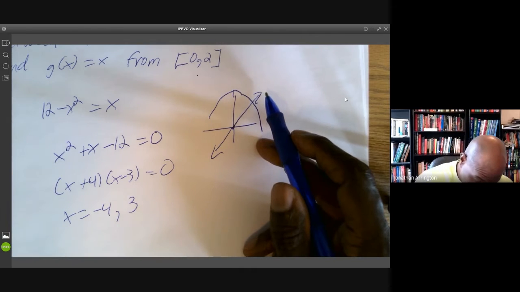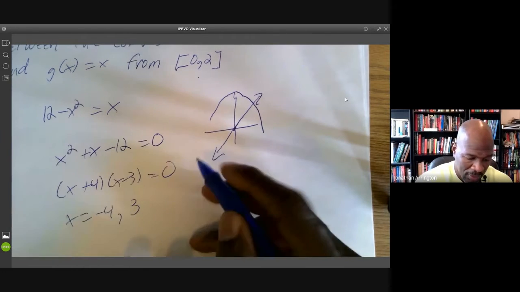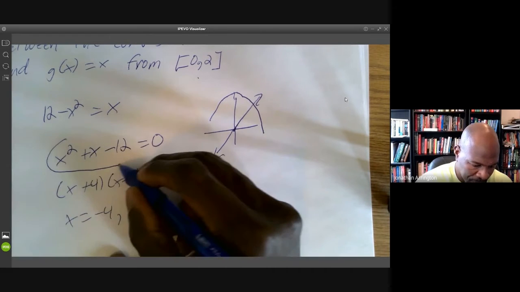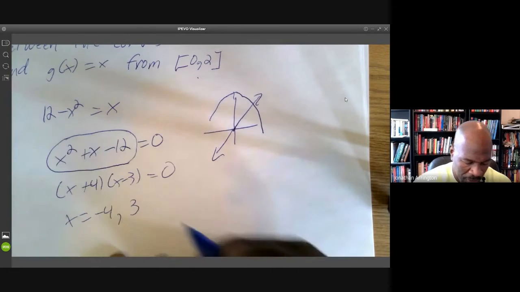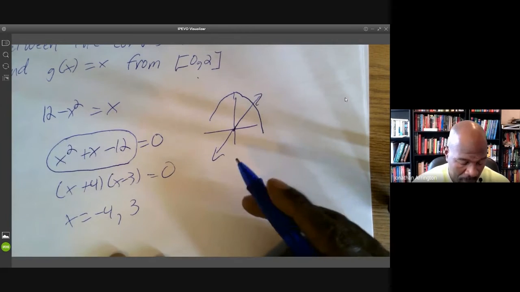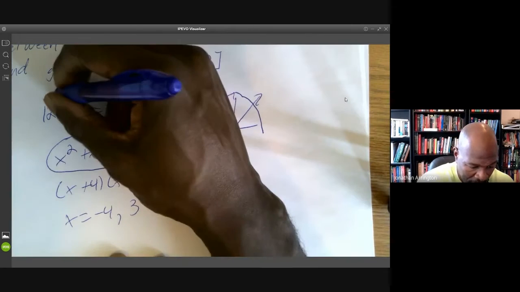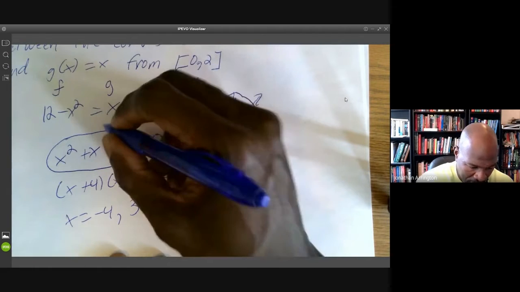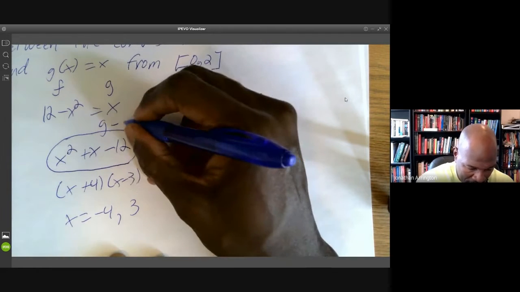The way I solved this in the previous video, I said once you have this guy equal to 0, that's pretty much the difference of the two functions. But the way I did it, this was f and this was g, and I brought f over here. So this is actually g minus f.